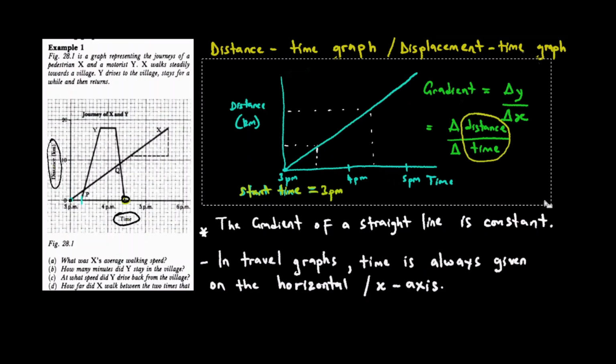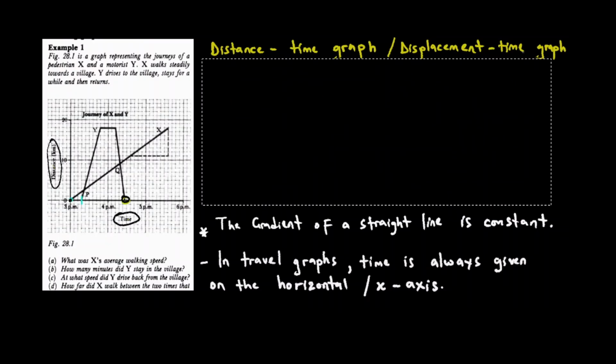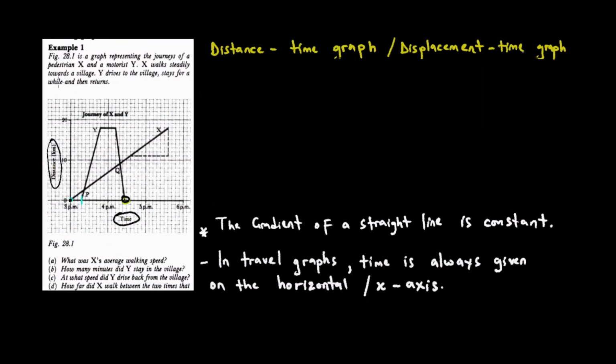Note this: the gradient of a distance time graph, remember a distance time graph can also be called a displacement time graph.